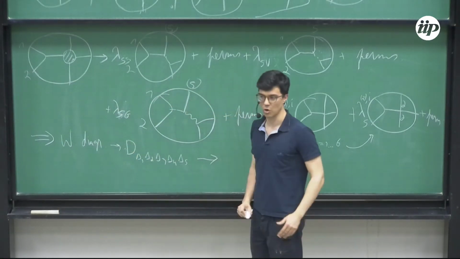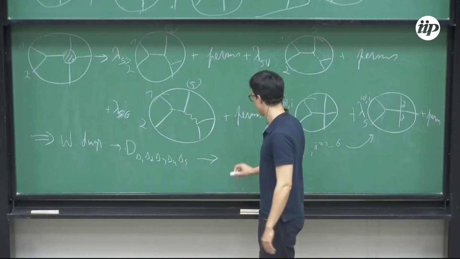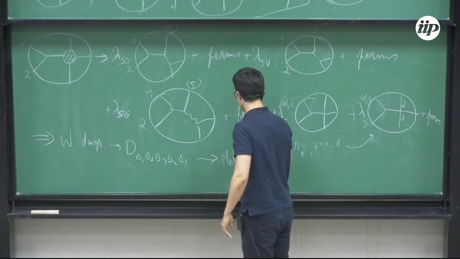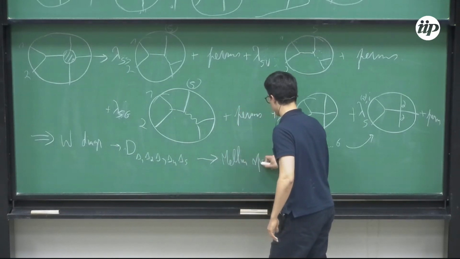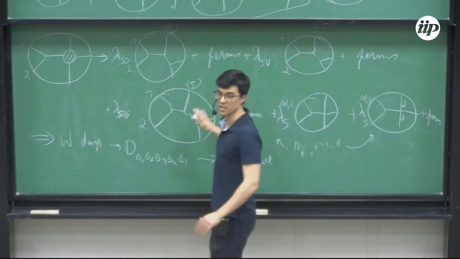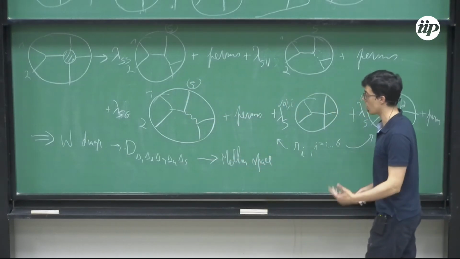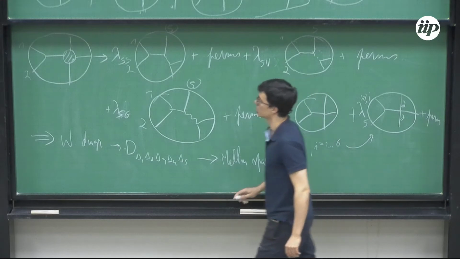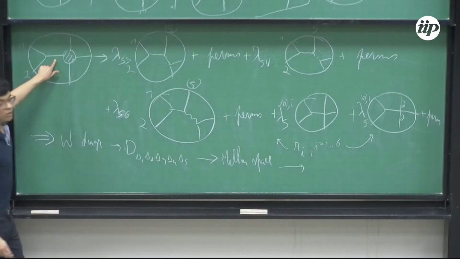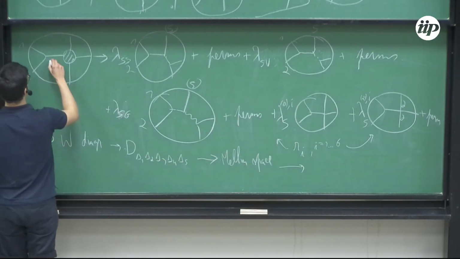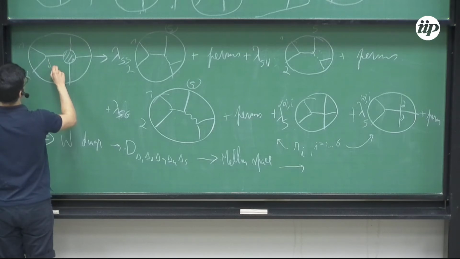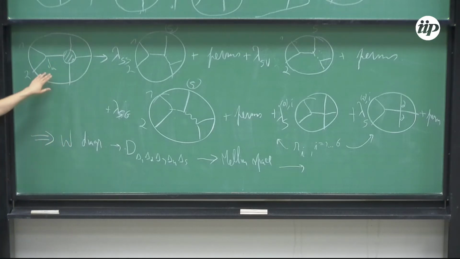You can also go from position space to Mellin space. You can go to Mellin space for this specific combination of diagrams. And what we know is that the pole here, basically like delta 1, 2, has to factorize. The residue here has to be the Mellin amplitude for these 3 amplitude times the 4 amplitude.